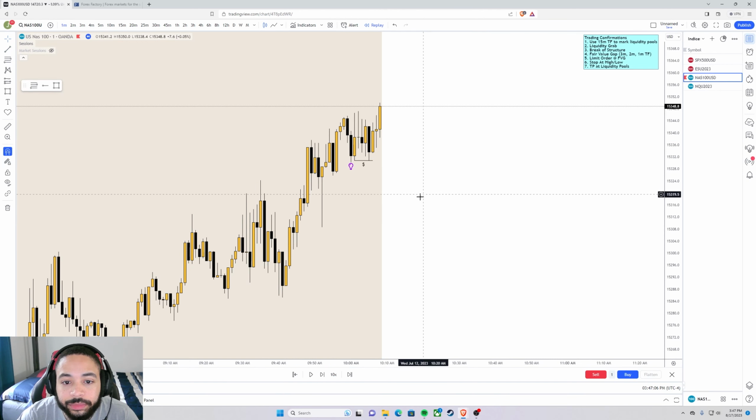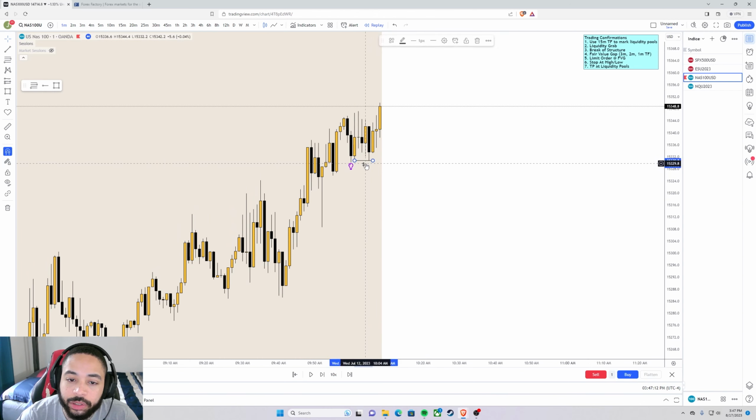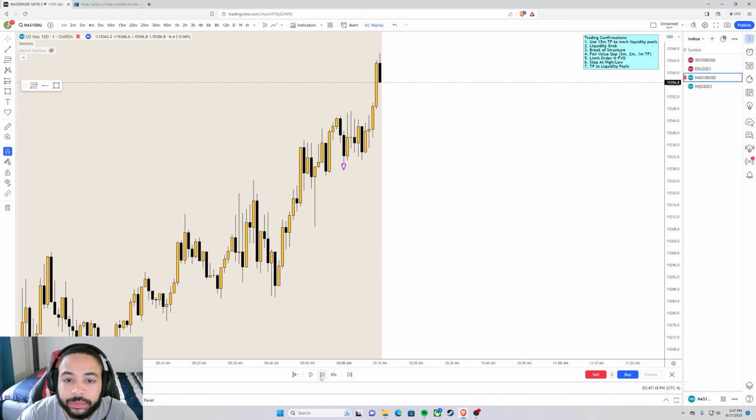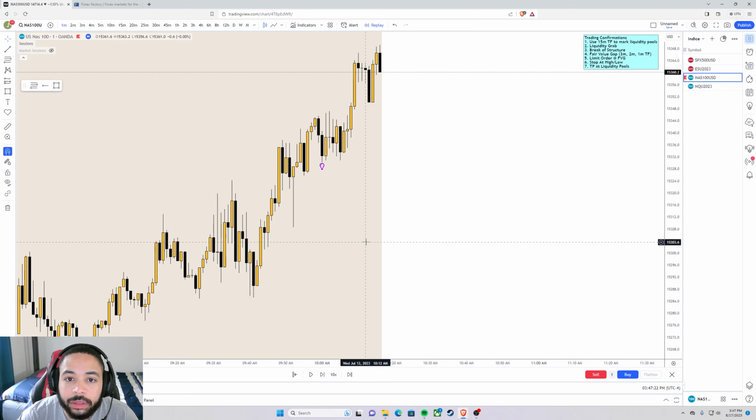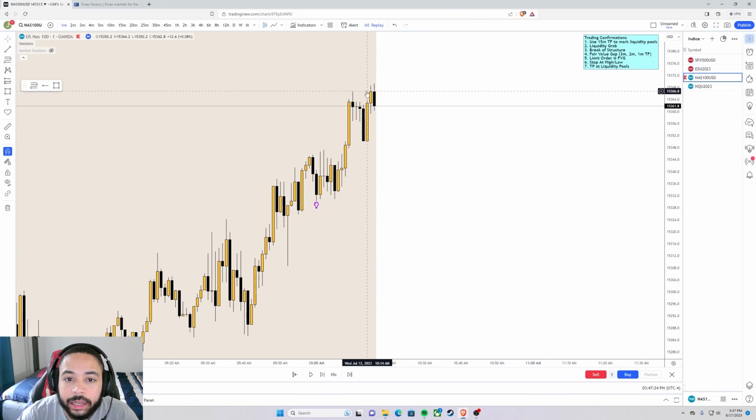And I notice that the market usually doesn't consider these to be structure points when it makes equal lows, because that's just additional liquidity. So we would actually keep the last structure point at this level. Right? So this high got taken here, but once again, these are equal lows. So we wouldn't consider this to be the last structure point. This would be the last structure point right here at this level.